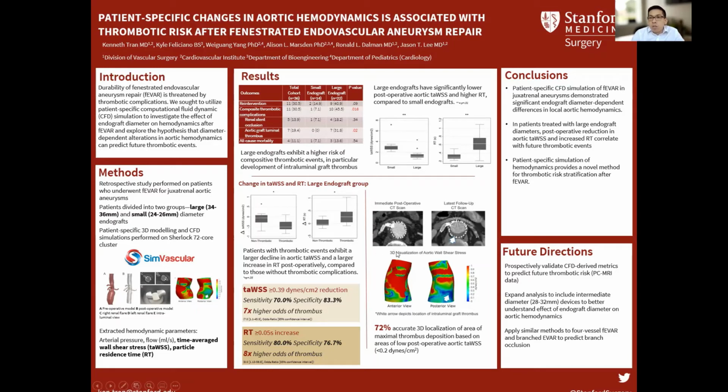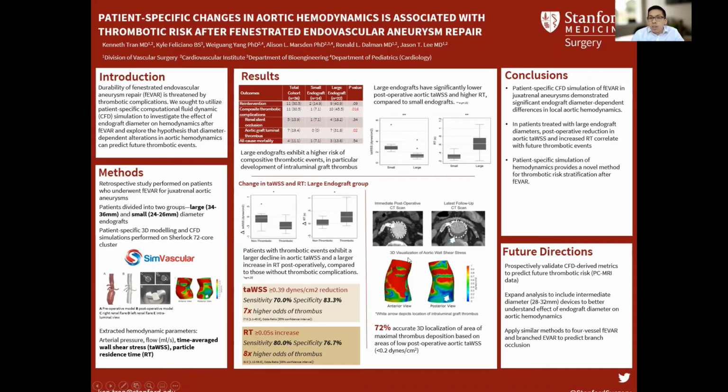We can also use computational fluid methods to co-localize areas of wall shear stress with areas of maximal thrombus deposition. In this figure, you can see here is the immediate postoperative CT scan, and on the right, the latest follow-up CT scan demonstrating newly formed thrombus within the graft.